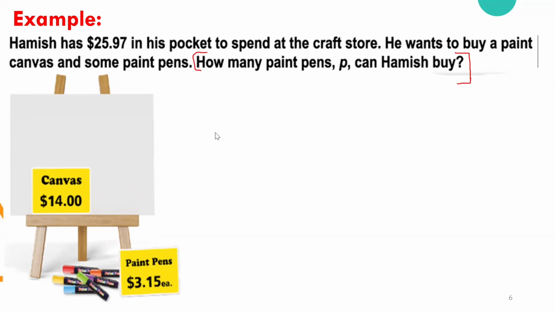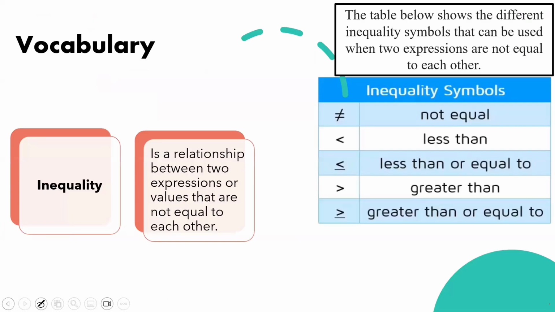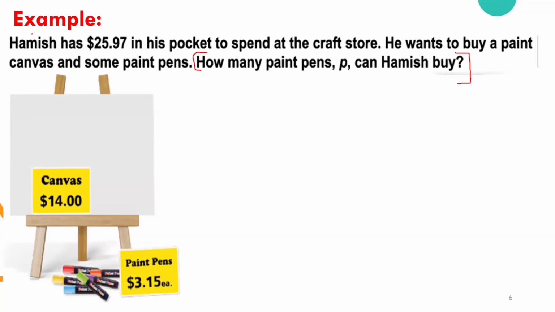In writing this inequality, we need to know which one of these symbols we are going to put in our inequality statement. In doing this, you have to pay attention to the problem, what it is asking, what information is given. So it says, Amish has $25.97 in his pocket.